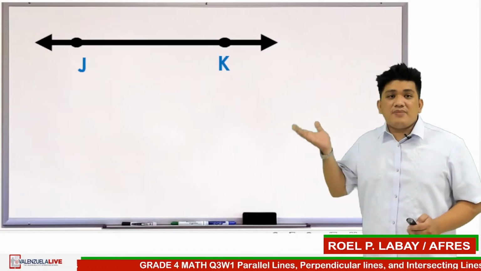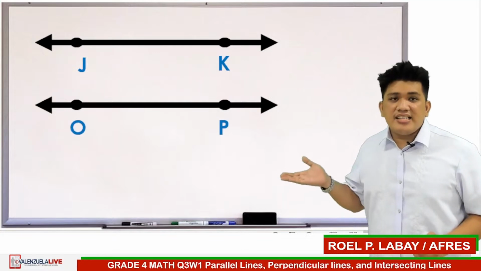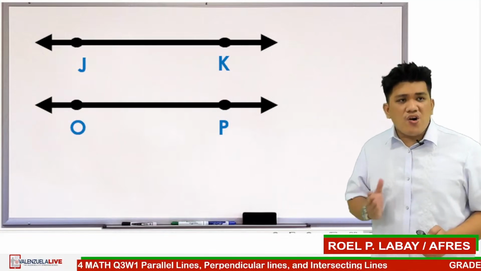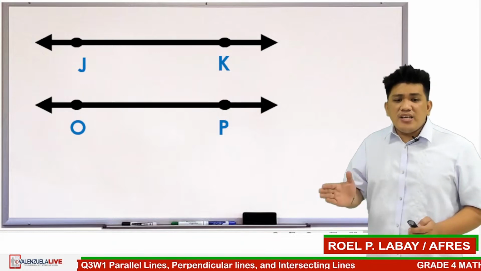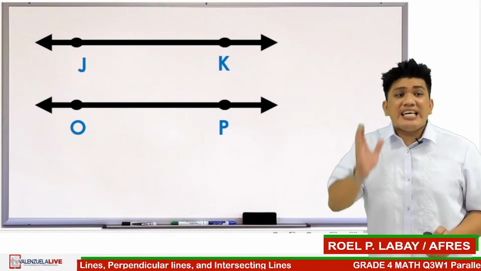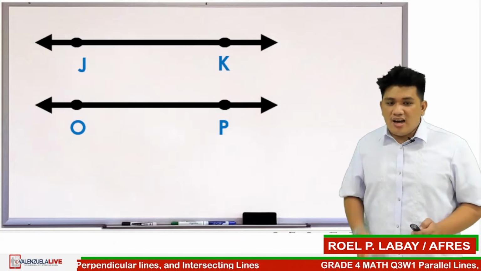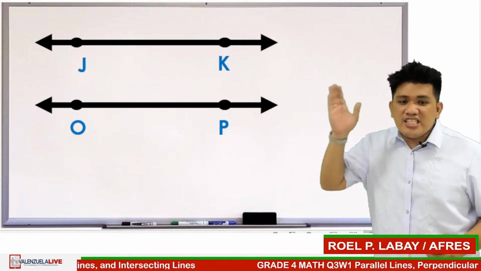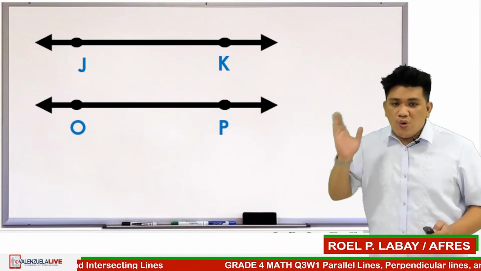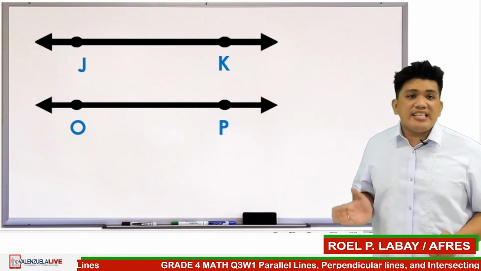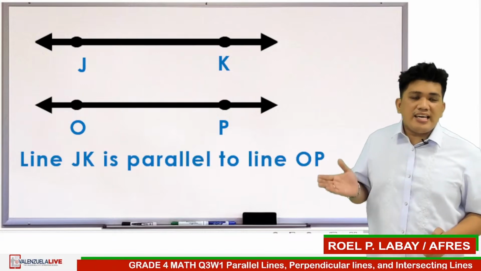And then we name this line as line OP. The two lines never cross each other. Even if we extend the two lines in both directions, they will never intersect with each other. So we can say that line JK is parallel to line OP.